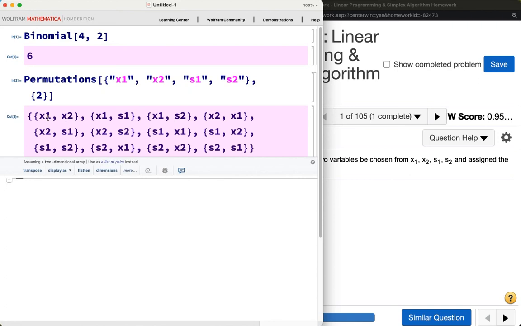So for example, you have x1 and x2, and here you have x2 and x1. This is a permutation, and they are counted separately, whereas in a combination, they are counted once because the order doesn't make a difference.